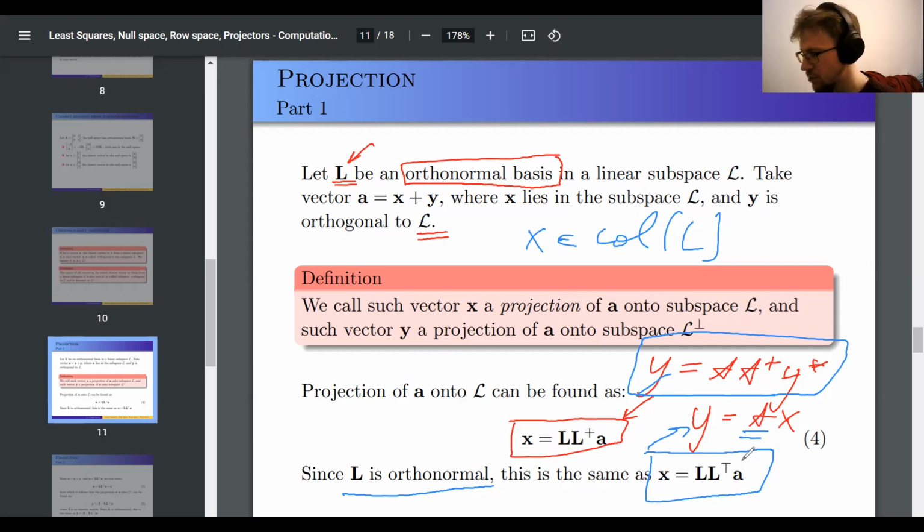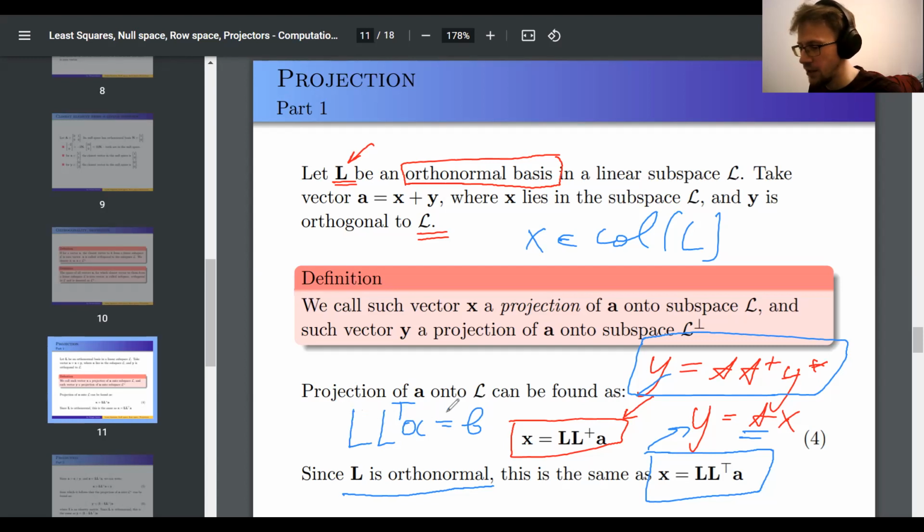So the way you can think about this, by the way, is this way. You can say, okay, we have vector A. With this operation, what we find is some coordinates of A, let's say B, in the space spanned by L, because this is the orthonormal basis. So this expression gives us coordinates of A in the subspace. Of course, the catch is that some of the elements of A are lost because they have zero projection onto L. So it will give you coordinates, but you cannot recover the original A from it. You would recover the image of A onto this space.